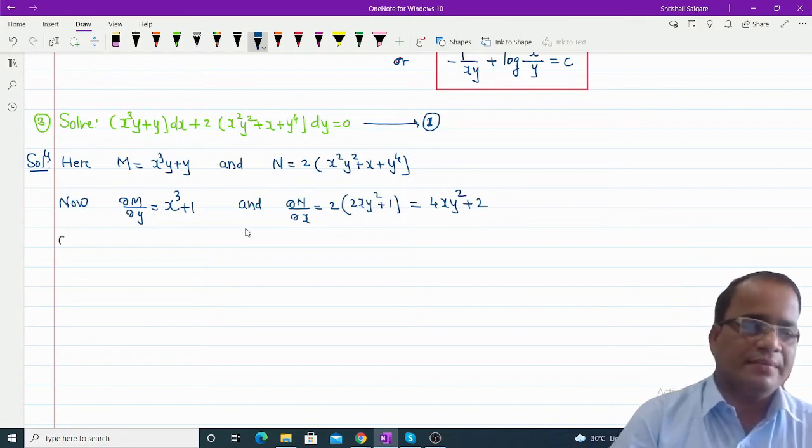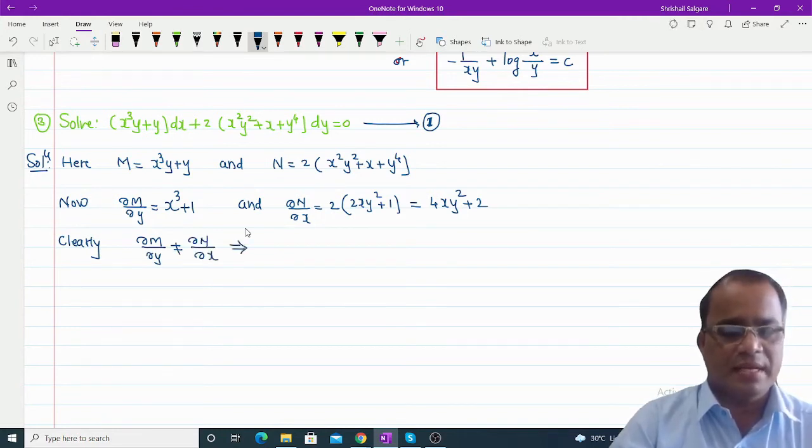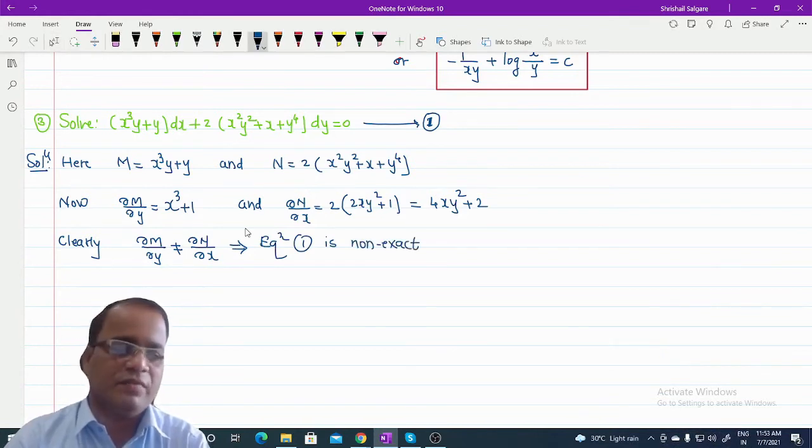So clearly these two derivatives are not equal. Partial m by partial y is not equal to partial n by partial x. So this implies that equation 1 is non-exact.